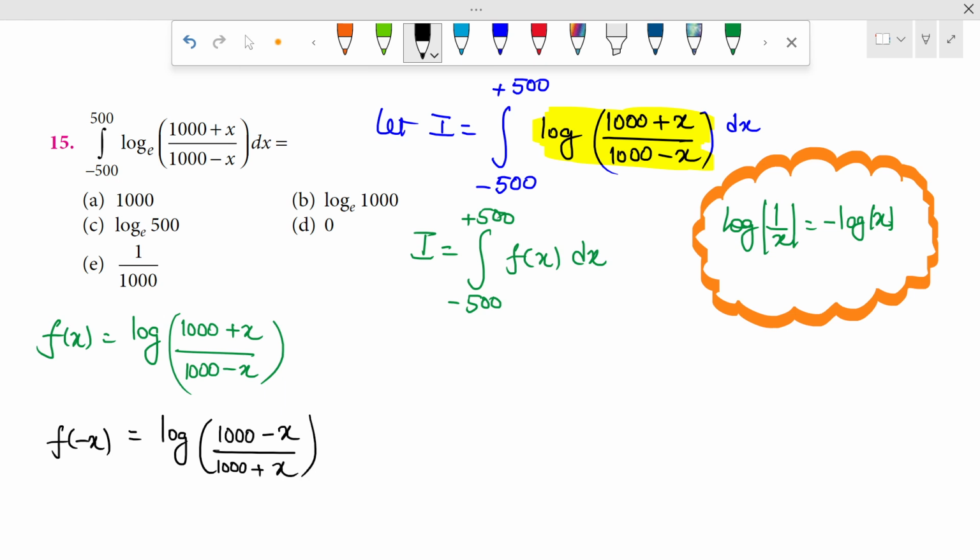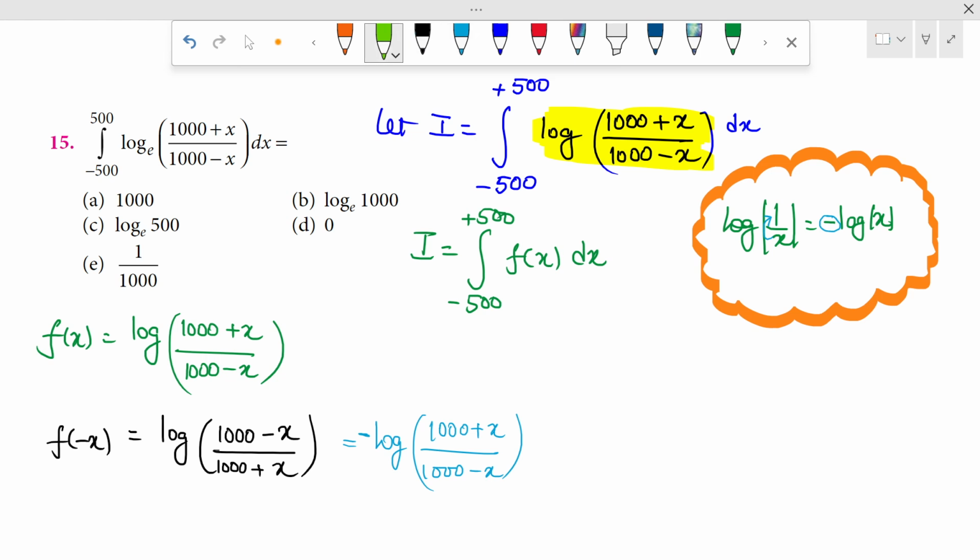Is this clear? Now if we use this property and reciprocate this, I can write this as (1000 plus x) by (1000 minus x), and then I will have a minus sign to this, isn't it? If I reciprocate, the minus sign will come here. So I have done that.